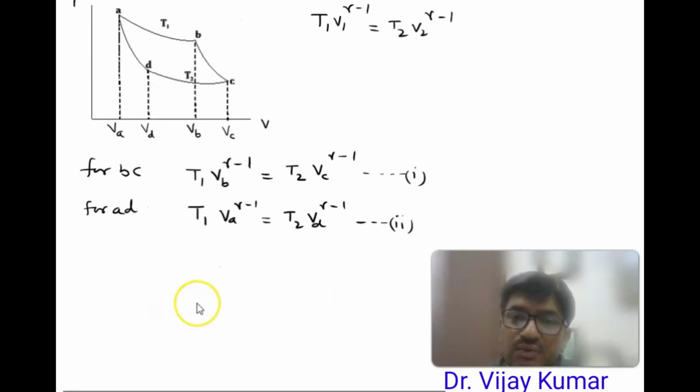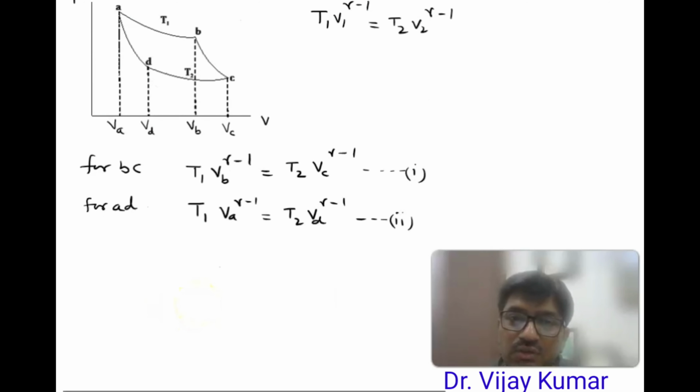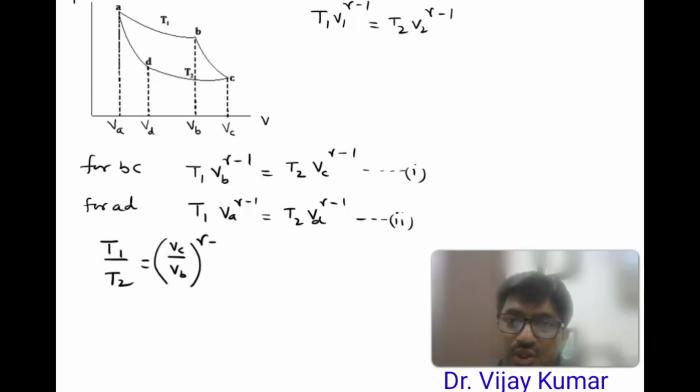So from equation 1, T1 upon T2 is equal to VC upon VB to the power gamma minus 1. And from equation 2, T1 upon T2 is equal to VD upon VA to the power gamma minus 1.